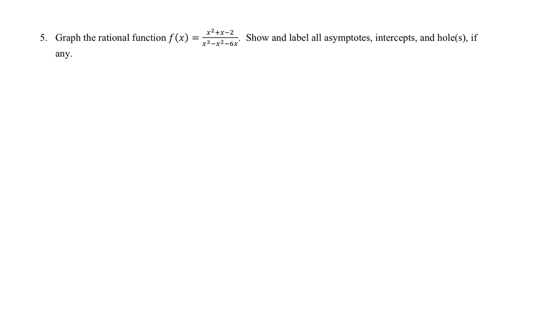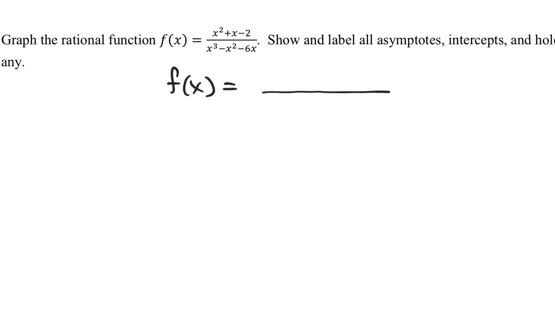If we wanted to do the vertical asymptotes, we would need to, I don't know if you guys can see that, but x to the third minus x squared minus 6x, how's that going to factor? Factor an x out. Okay, so if you factor out an x, x minus 3, x plus 2.